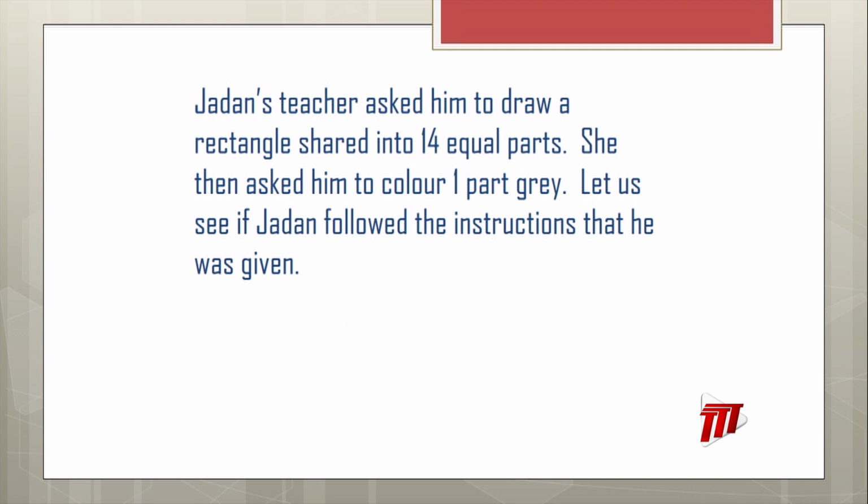Jaden's teacher asked him to draw a rectangle shared into 14 equal parts. Can you do that? Remember, I asked you to get your copybook and your pencil, so I hope you are trying these at home. She then asked him to color 1 part gray. Let us see if Jaden followed the instructions that he was given.